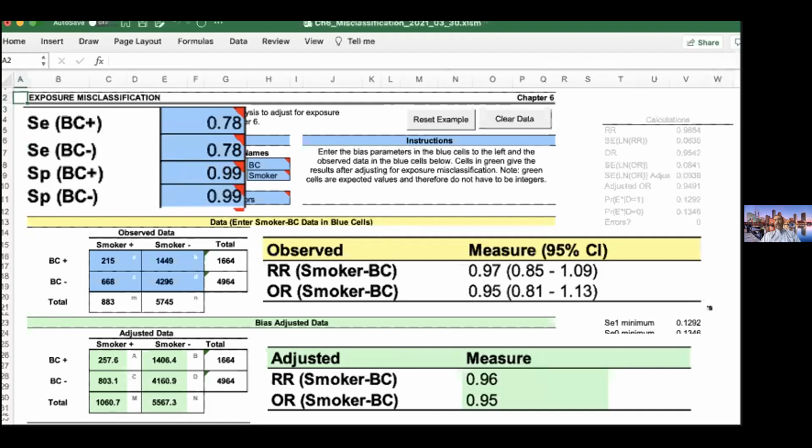Because even though it seems pretty obvious that there's a lot of misclassification going on here, the fact that there is a lot of misclassification, poor sensitivity, actually makes almost no impact on this particular result. This result is just not, pardon the expression, sensitive to the estimate of sensitivity.